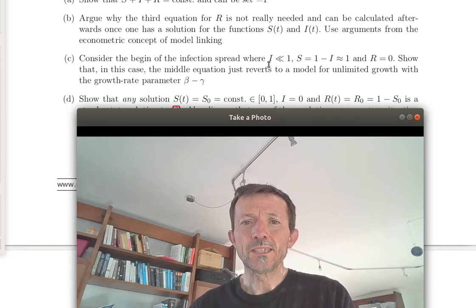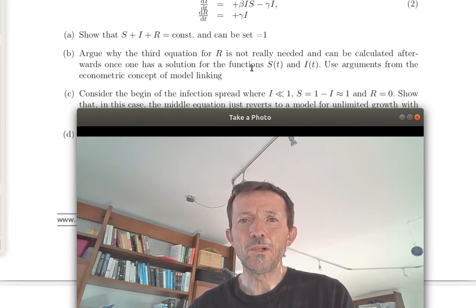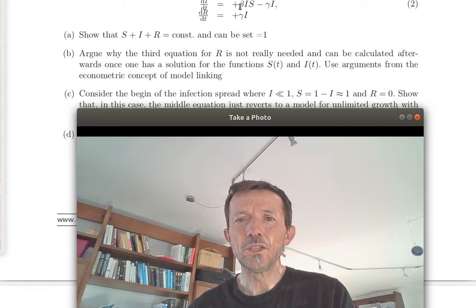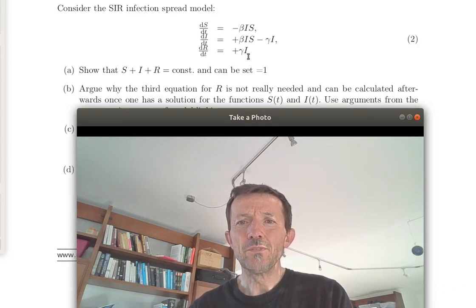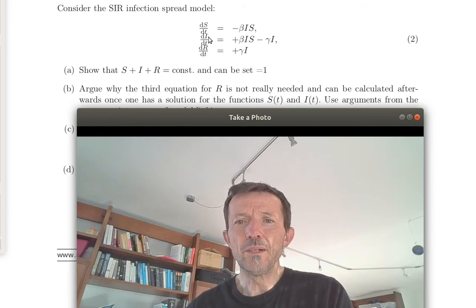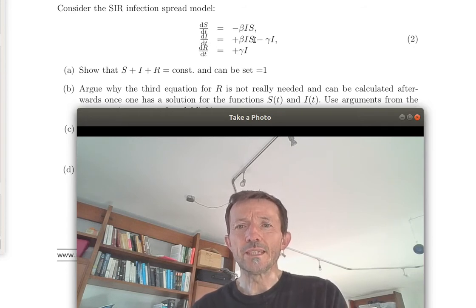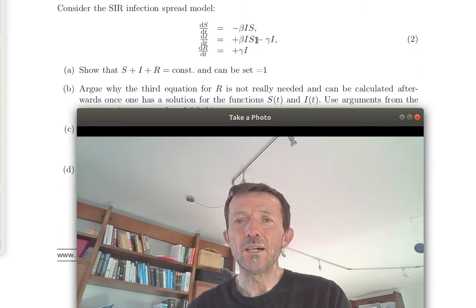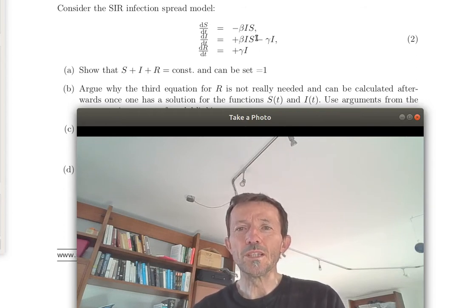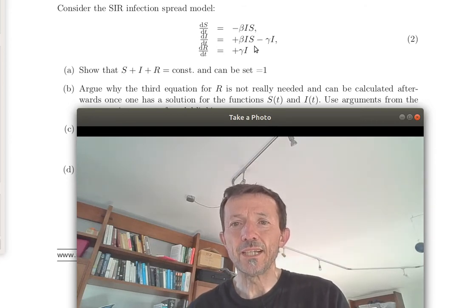So let's now consider the middle equation of the model. That is this equation. And here we see that if we set the exact value of S equal to 1 minus I, we would have I squared here. But because I is already small, I squared would be much smaller, so we can neglect it. So we can just set S here equal to 1.